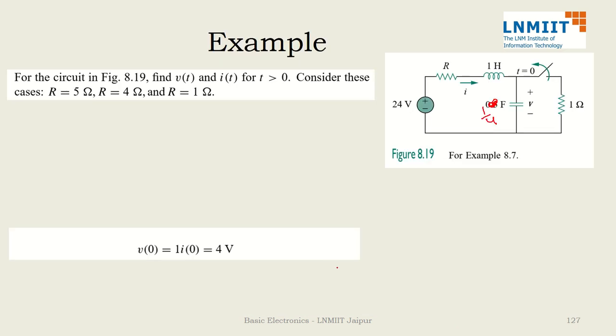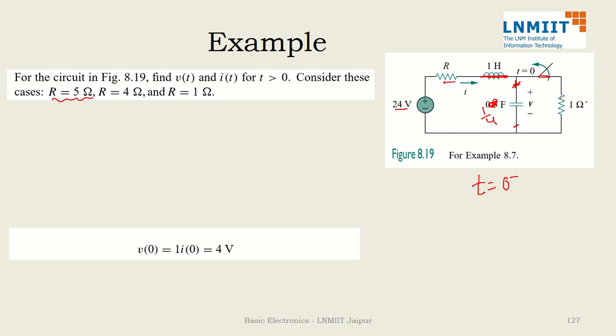So when I look at this circuit, look at it carefully. This switch was closed earlier and then it will be opened. When it is closed at t equal to 0 minus, we will calculate the voltage across capacitor. That is basically the voltage across 1 ohm, because at t equal to 0 minus, capacitor is behaving like open circuit, inductor is behaving like short circuit. So this 24 volt is supplying with R, and in case 1, R is 5.